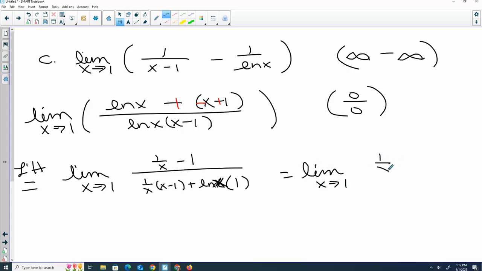So I have 1 over x minus 1 over 1 minus 1 over x plus natural log x. Okay, kind of ugly. What I would probably do here is multiply by x on top and bottom so we don't have fractions within fractions.